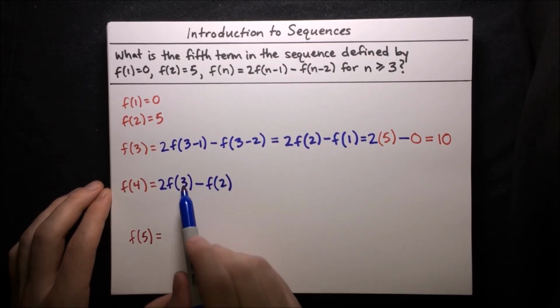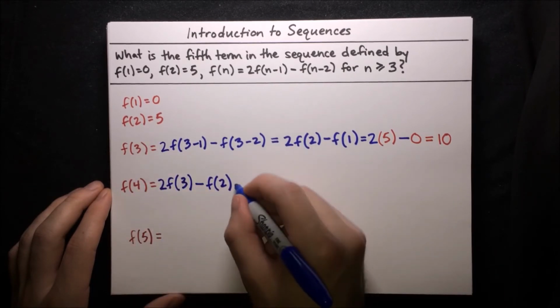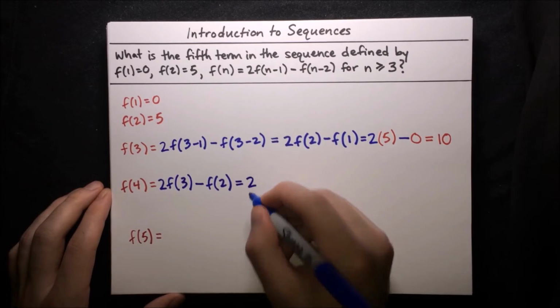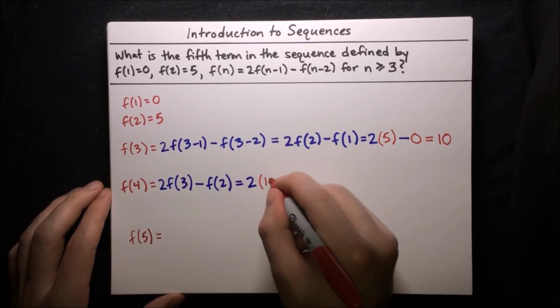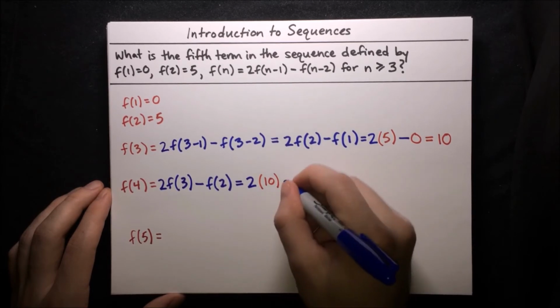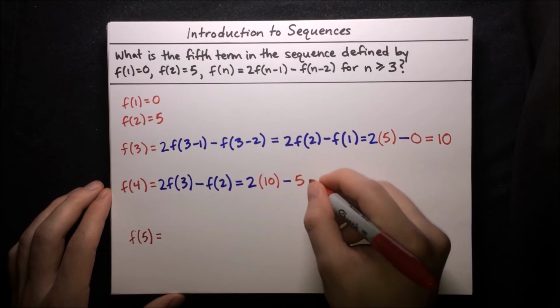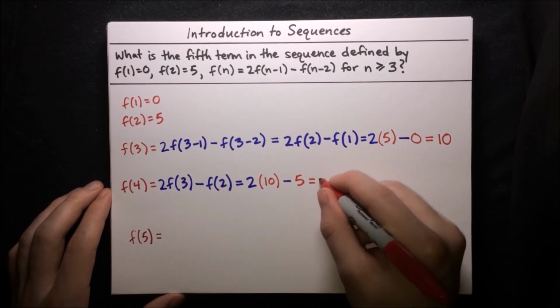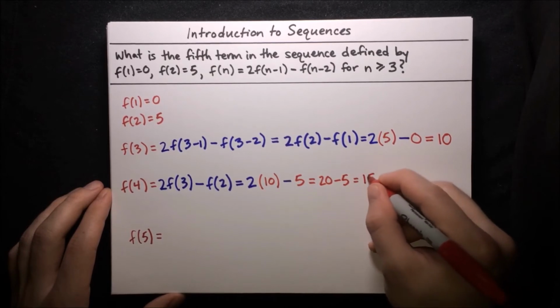And hey, we know f of 3, that's just 10, and we know f of 2, that's just 5. So let's go ahead and plug it in. So this is 2 times f of 3, which is 10, and then minus f of 2, which is 5. So 2 times 10 is 20, and then minus 5 makes 15.